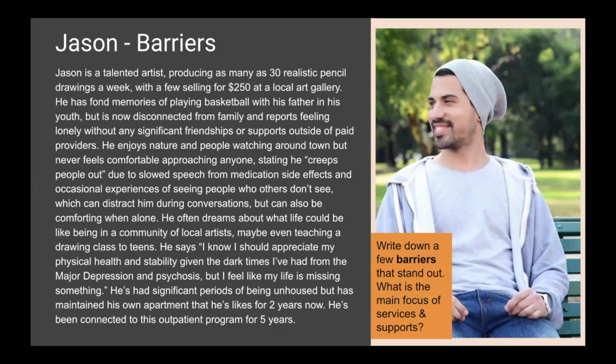Otherwise, we're going to highlight now what those are. So in general, Jason appears to be fairly far along in the process of figuring out how to manage the more challenging parts of his mental health condition. He's no longer faced with being unhoused or requiring hospitalization. It seems like the priority focus for him is feeling lonely.